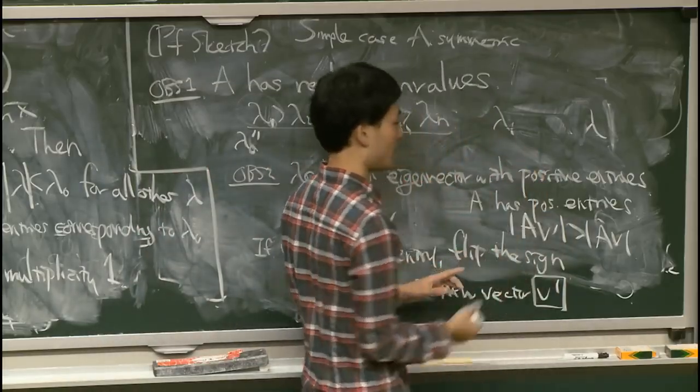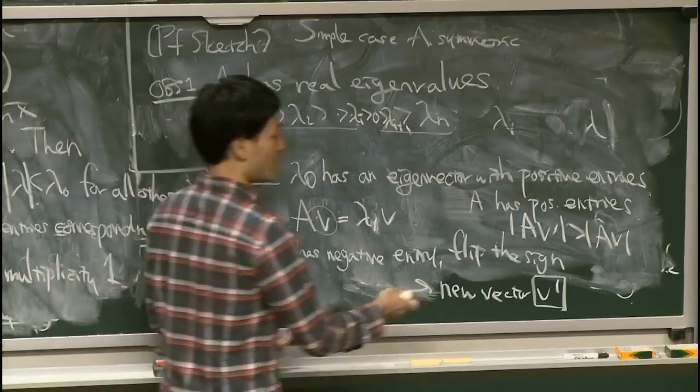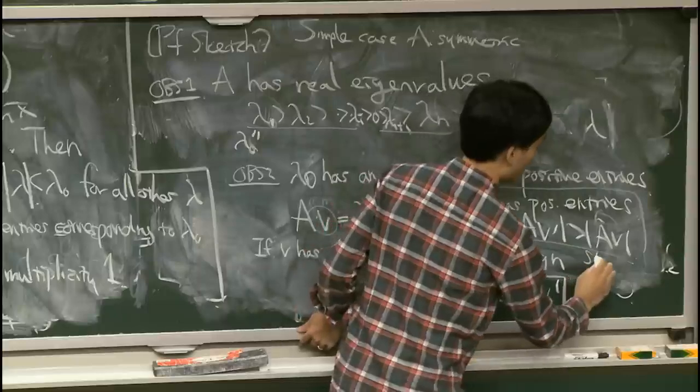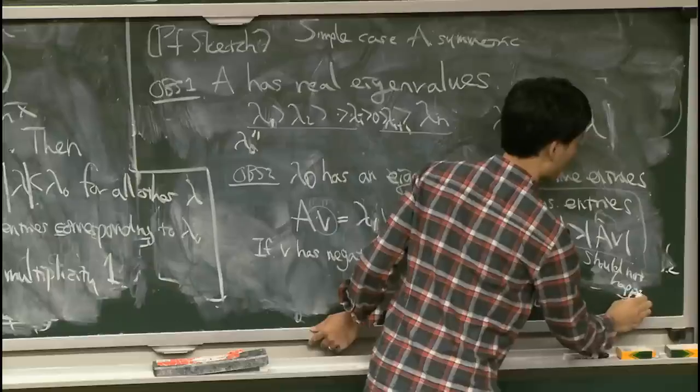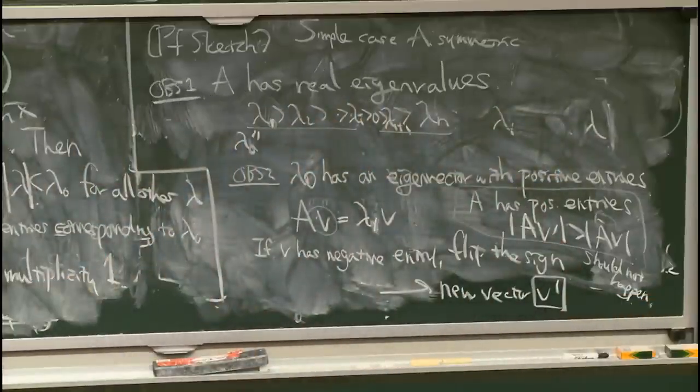So if you flip the sign, it should increase the magnitude. And this shouldn't happen. That's where the positive entries part is used. If you have positive entries, then the eigenvector should have positive entries as well.